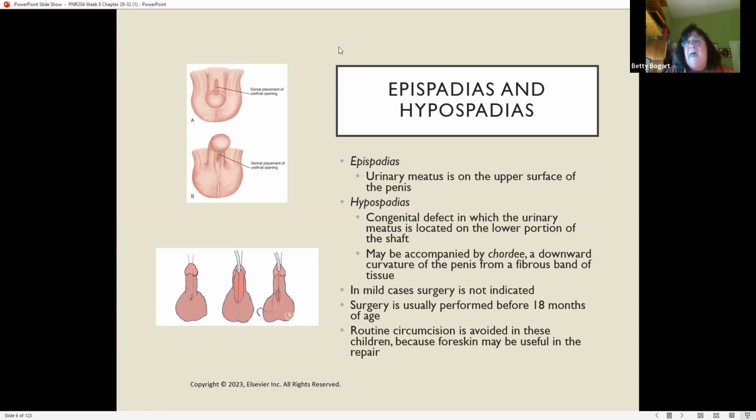We need that for that closure. So these children may not be circumcised if we're going to be doing one of these repairs. And what do we do with that catheter after surgery, after they have it fixed? Nothing. We make sure it's inside the diaper so it's not urinating everywhere. And then the surgeon takes it out in 7 to 10 days.